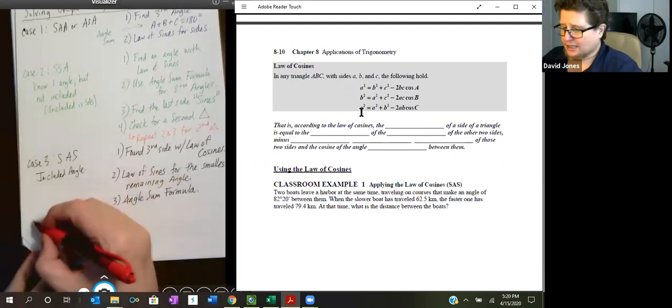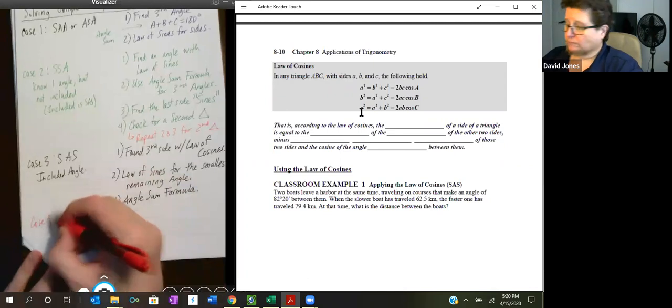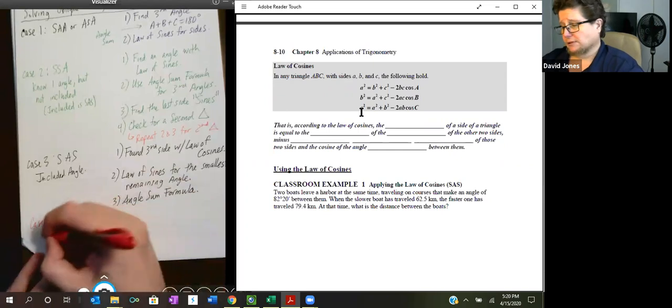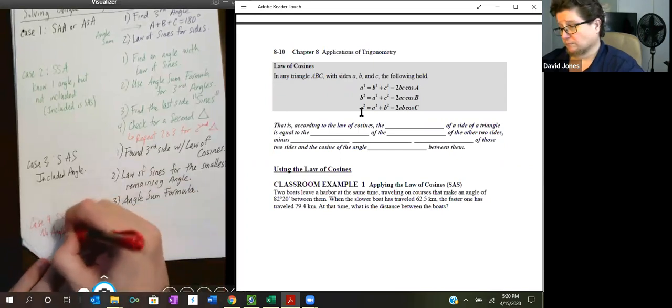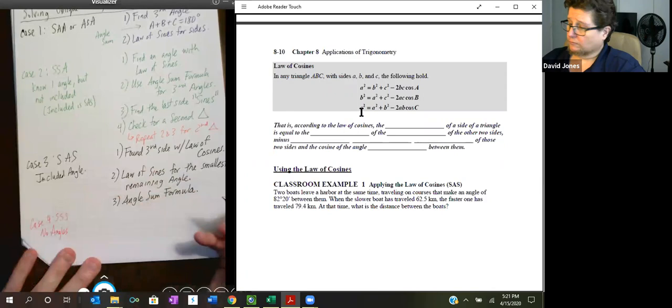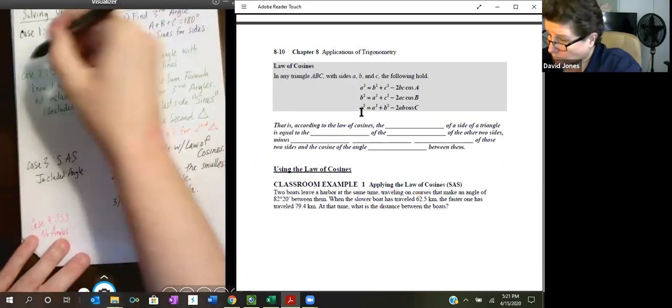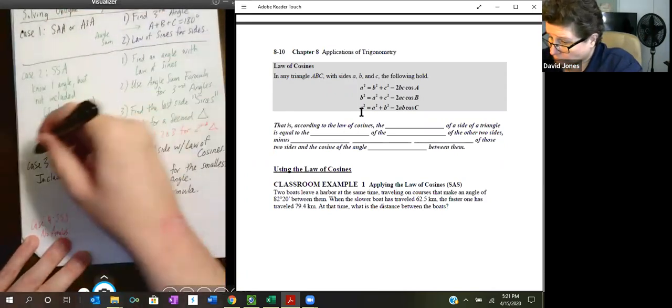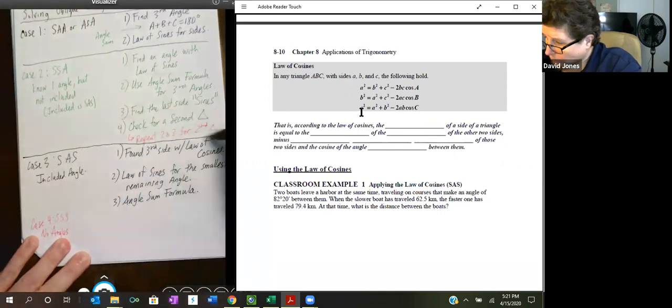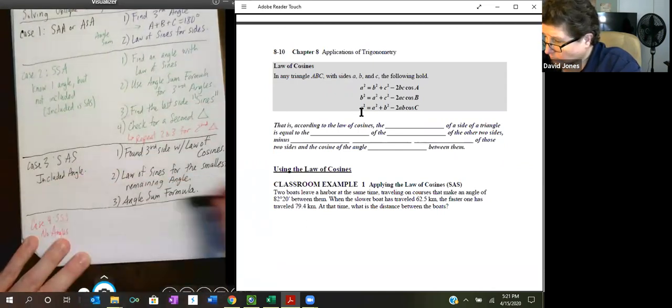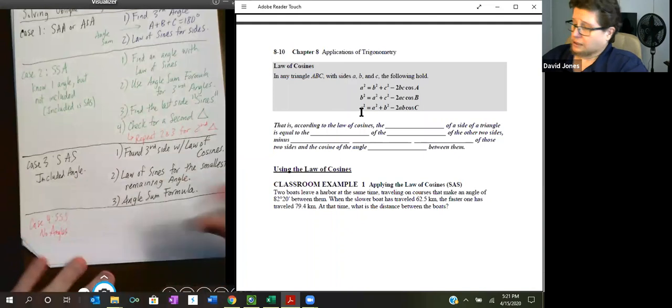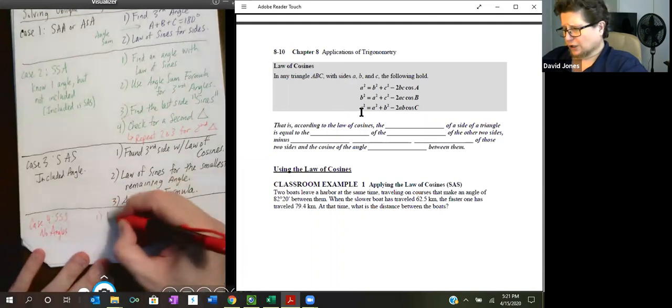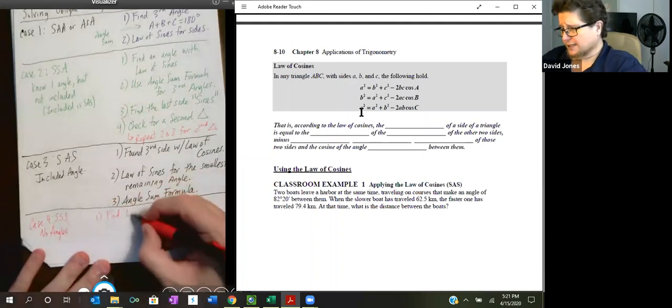And finally, case 4, side, side, side. So no angles. So here, find the largest angle with law of cosines.